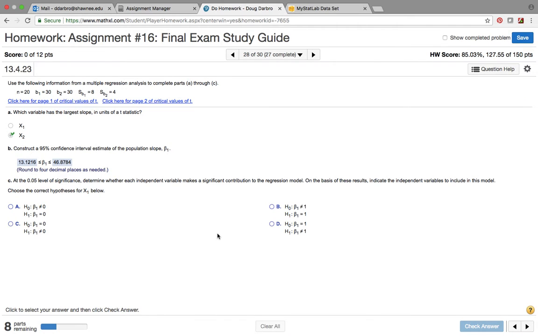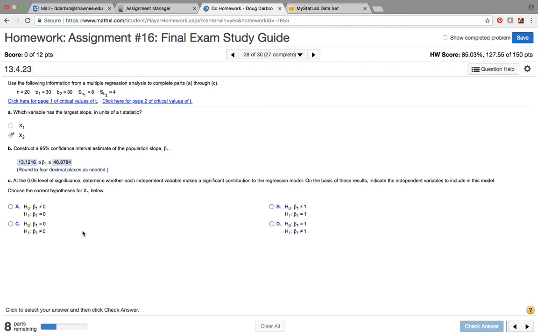At the 0.05 level of significance, determine whether each independent variable makes a significant contribution. On the basis, indicate the independent variable to include in this model.